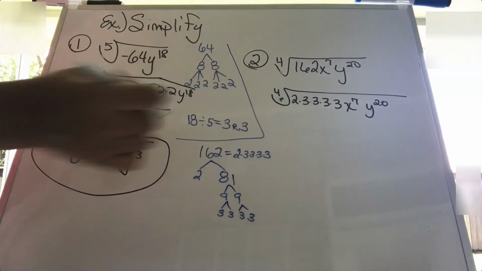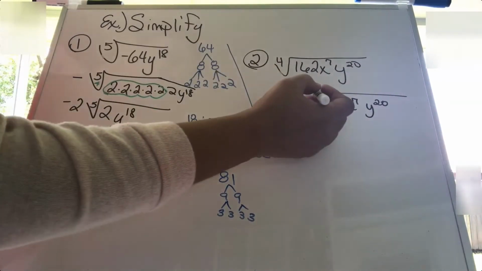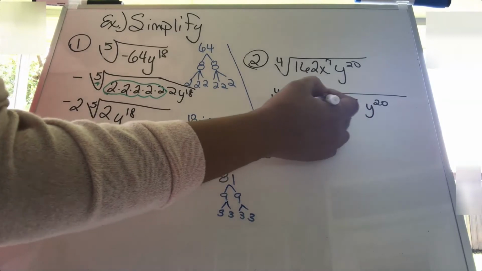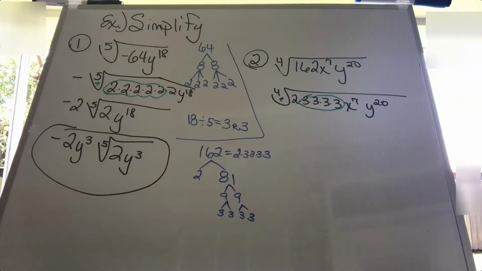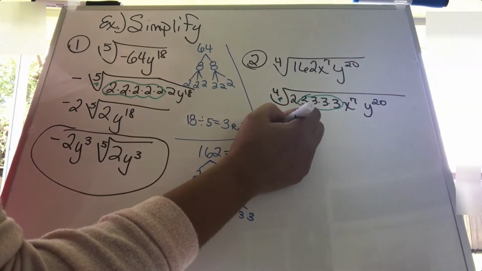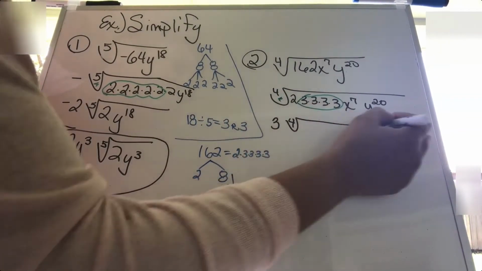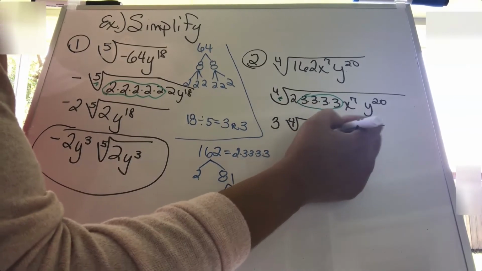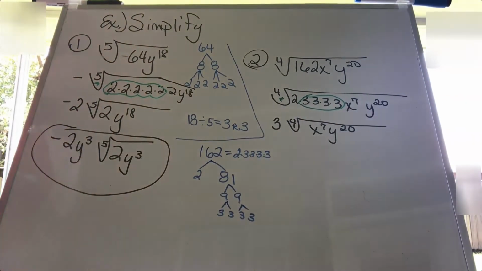I'm looking for sets of 4. Here's 4 3s. So I'll be able to write a 3 out in front of the radical. Now I have to take care of those exponents.